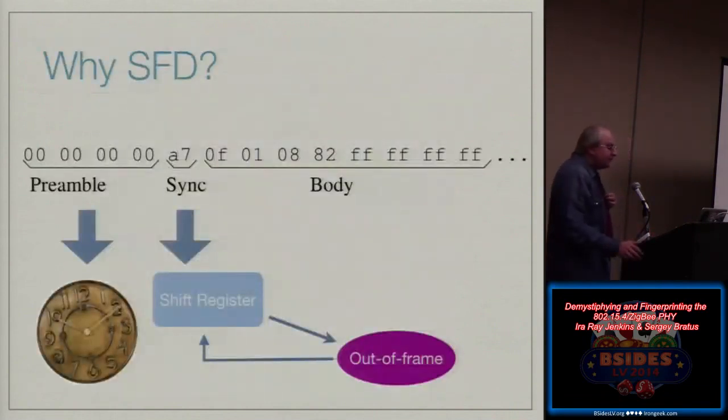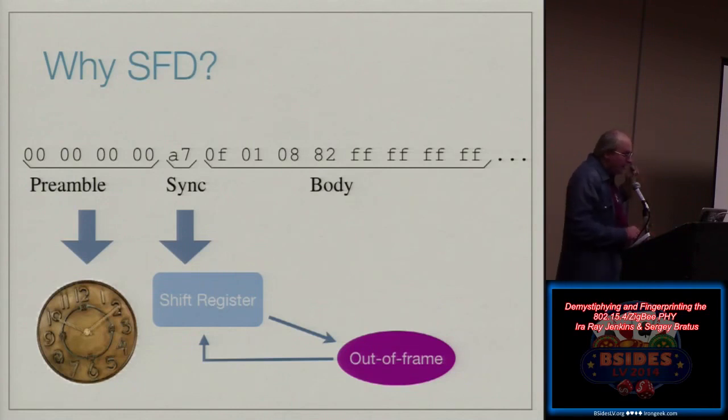Why the start of frame delimiter? Well, your preamble has synchronized your receiver, and now you can trust the bits, the symbols that you're getting out of your digital receiver. Remember, there is always noise, and you can't tell whether there is something being transmitted, or there is noise, or it's just a frame sent by a very weak signal.